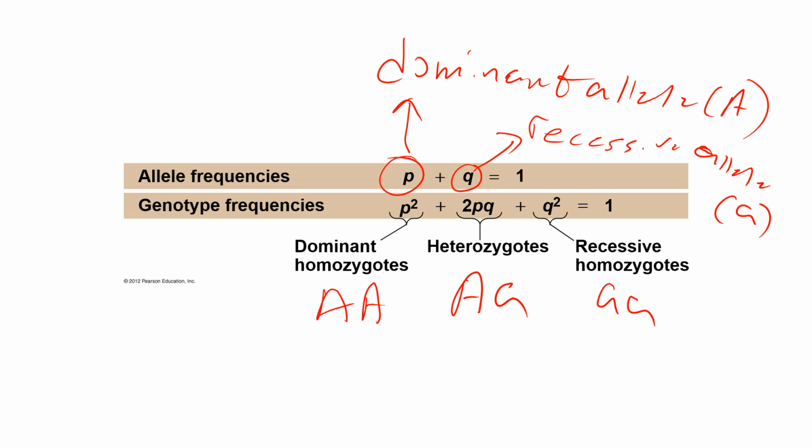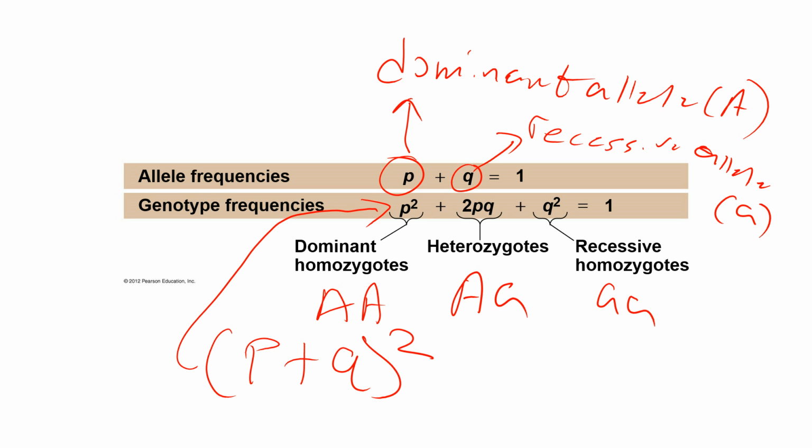The sum of p squared, 2pq, and q squared equals 1. Keep in mind that for an individual, for a single gene, you have 2 copies. So how do you come about this genotypic frequency? Well, p plus q squared. You FOIL it out, and you get this equation.